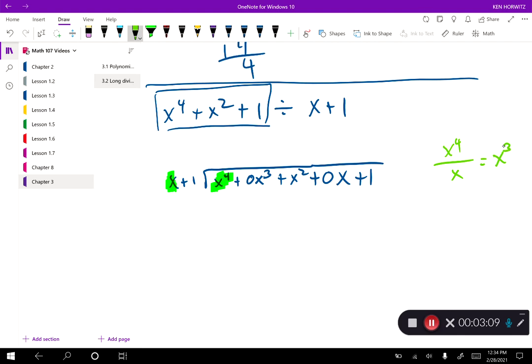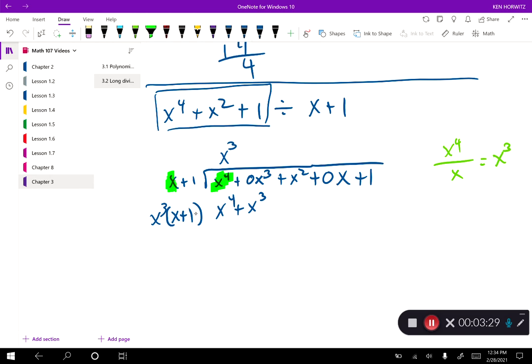That's how many times it goes in. So this would be x cubed. Then I want to take x cubed and multiply it times x plus 1. What do we get? We get x to the 4th plus x cubed.